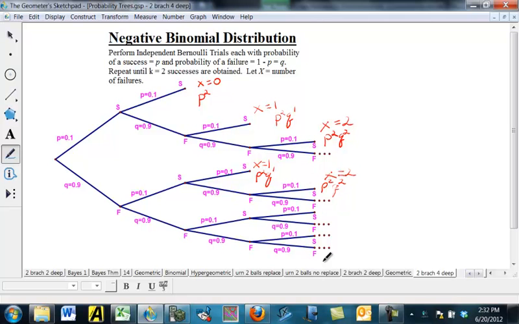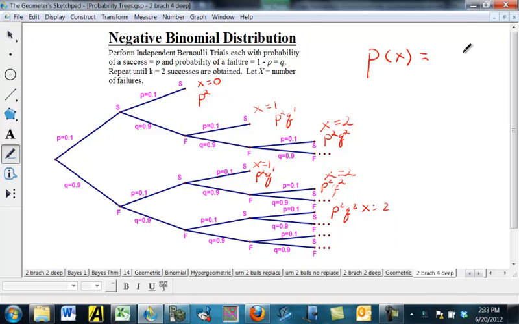These other branches, they keep going. Here's one where we did failure, failure, success, success. So that's 2 successes, 2 failures, and so x is 2. And this continues on. Okay, let's see if we can figure out what the probability for a particular x is going to be.